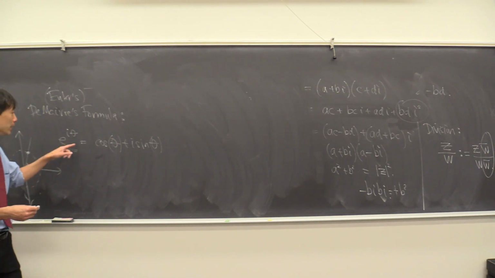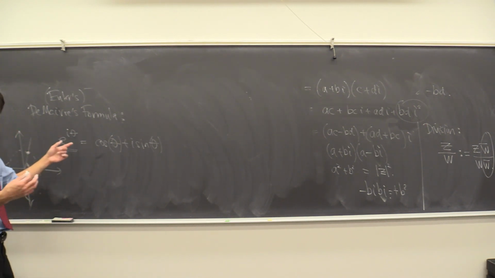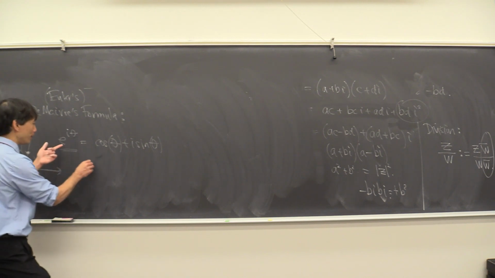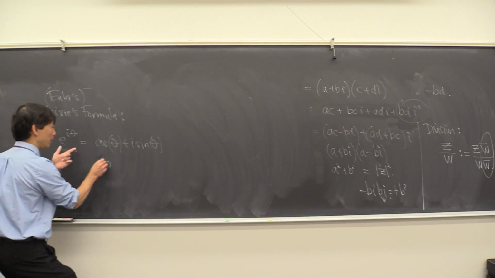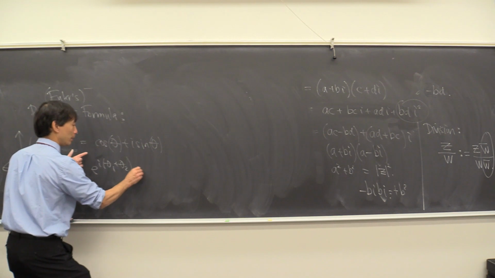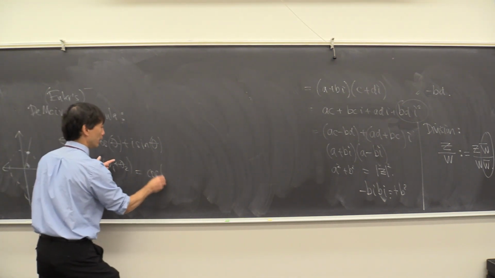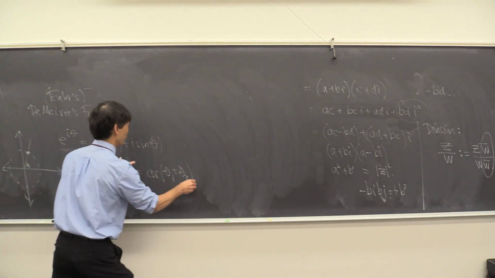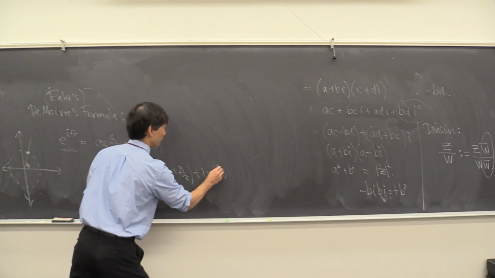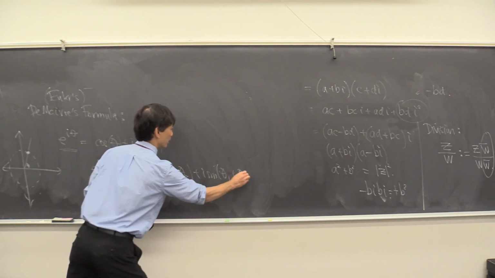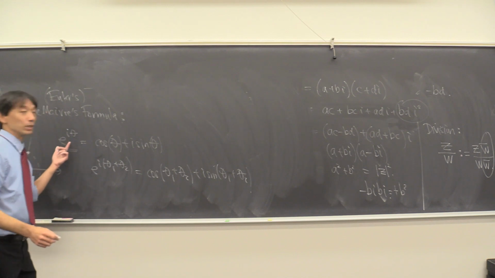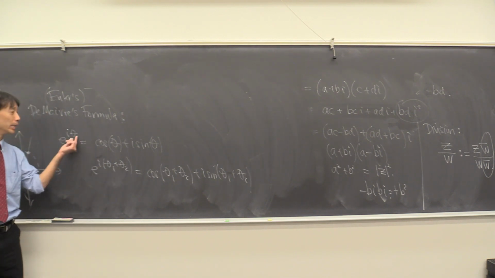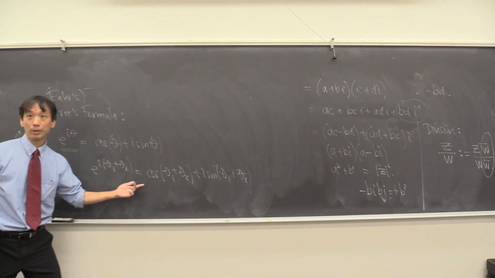it's actually really easy to get the cosine addition formula. If I look at e to the i times theta 1 plus theta 2, that's going to be cosine of theta 1 plus theta 2 plus i sine of theta 1 plus theta 2. Just plugging in a sum here, I get this formula.